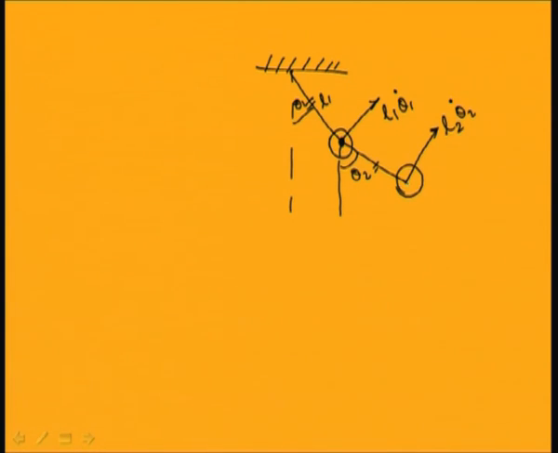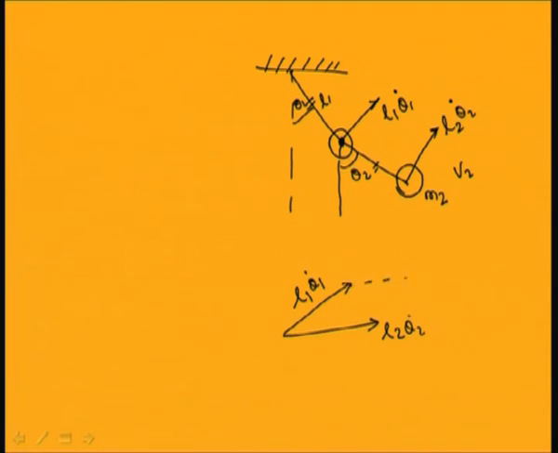So the velocity of mass m2 will be the velocity of mass m1 plus the relative velocity of mass m2 with respect to mass m1. So this is L1 theta 1 dot and this is L2 theta 2 dot. So V2, the velocity of mass m2, will be equal to the vector sum of L1 theta 1 dot and L2 theta 2 dot.